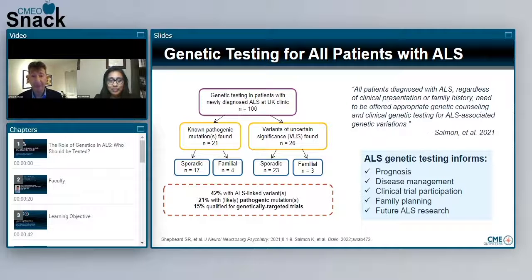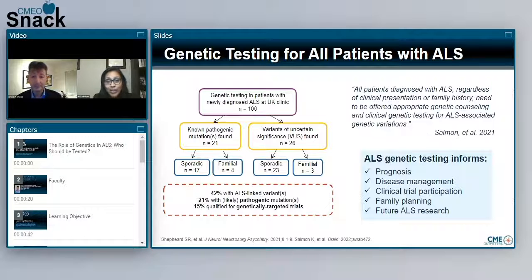And as we said before, it's compounded by this variable penetrance that we see. Yes. We do know that regardless of family history, if you have a single person with ALS then their first-degree relatives have a slightly increased risk of ALS. It is only a small increase, and it's a technical increase, so in practice it doesn't really make a difference, but it does suggest that there is this underlying genetic contribution to all ALS.